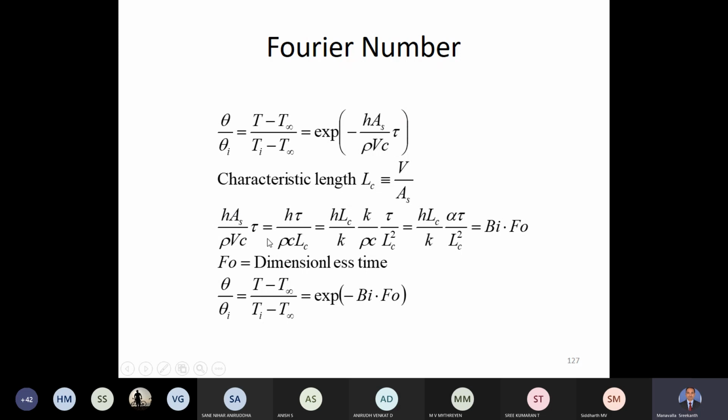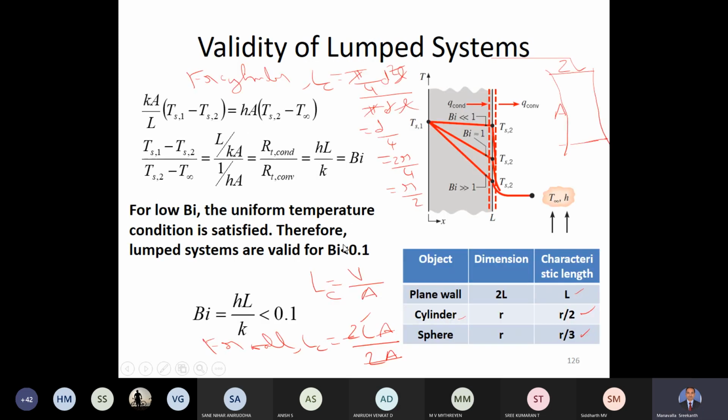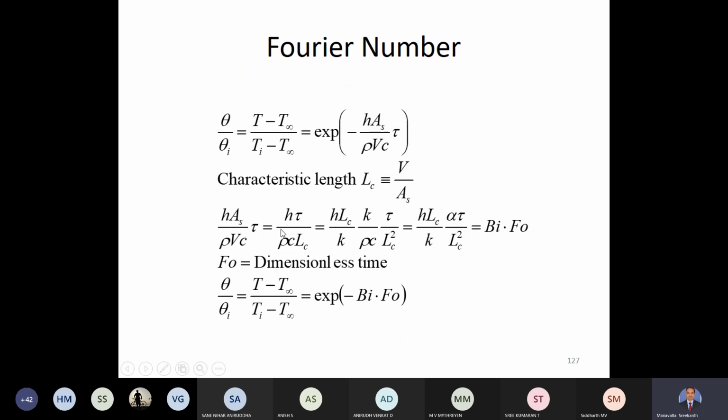So h and tau as it is, rho c as it is, and in place of A by V, 1 by LC is substituted. Now this particular term is broken up into small fractions for the sake of convenience. So firstly, this is written as h LC by k. h L by k, we have seen what that was here. hL by k is the Biot number. So that's why it is written like this.